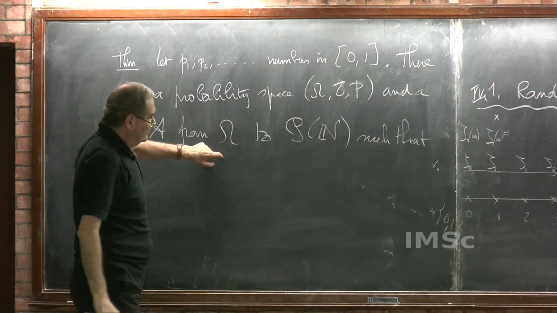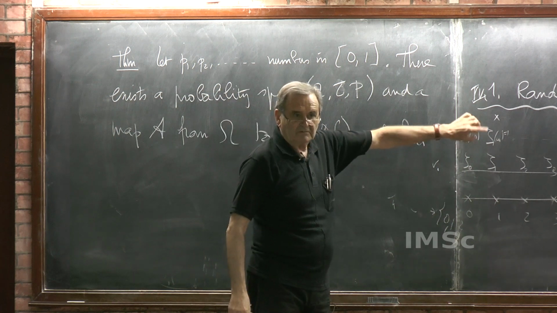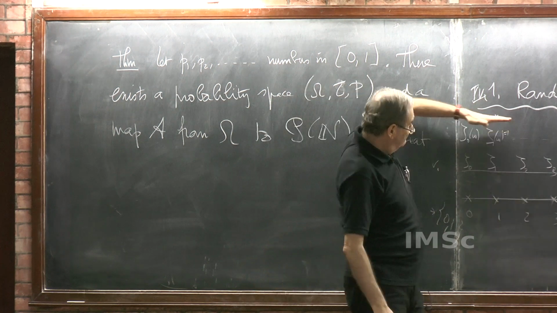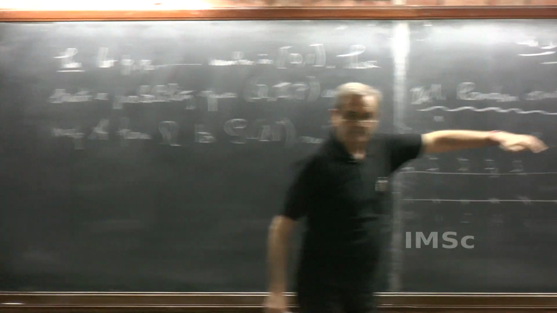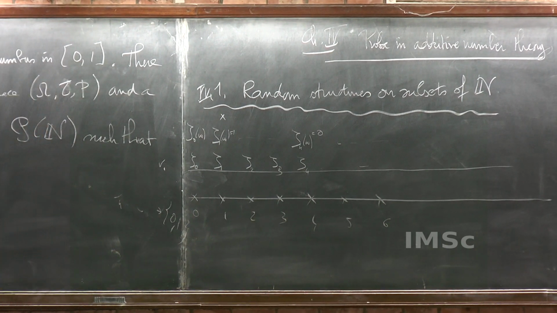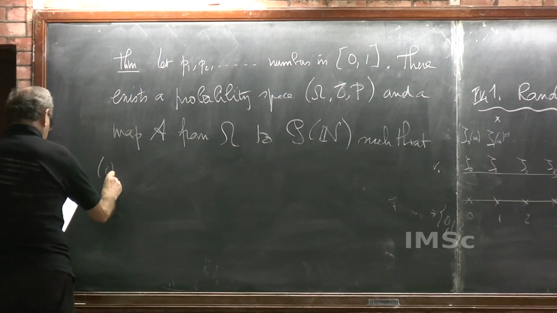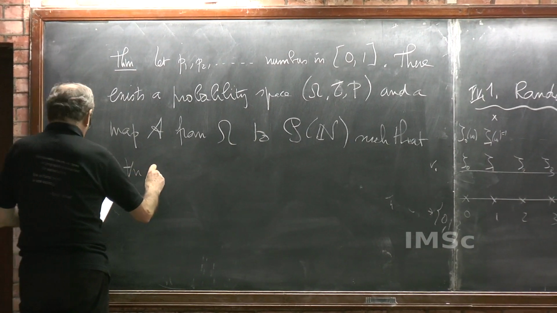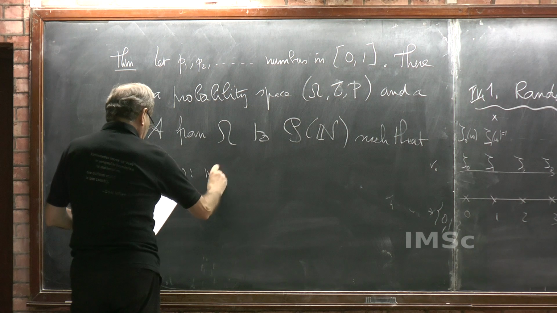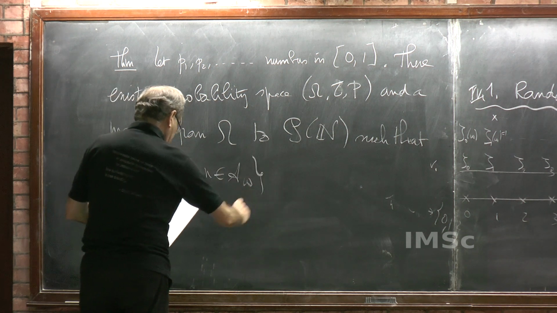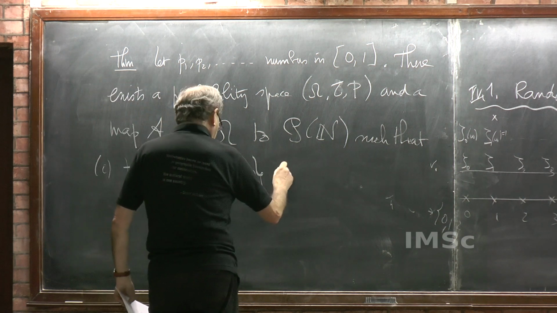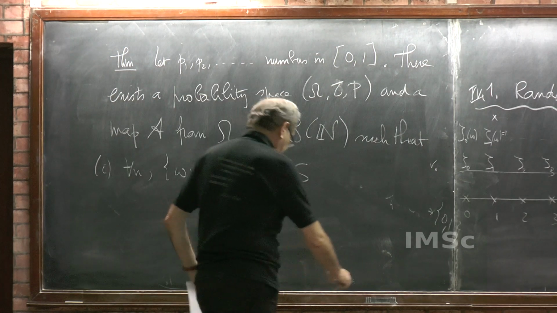you see my map associates to any element a sequence. For each omega, we associate a set A of omega. So we have the following. First condition is that for any n, the set of omega such that n belongs to A of omega is indeed measurable, belongs to the sigma-algebra.